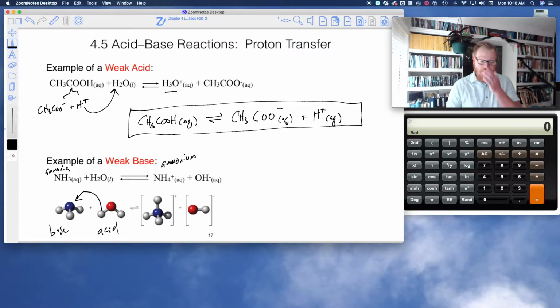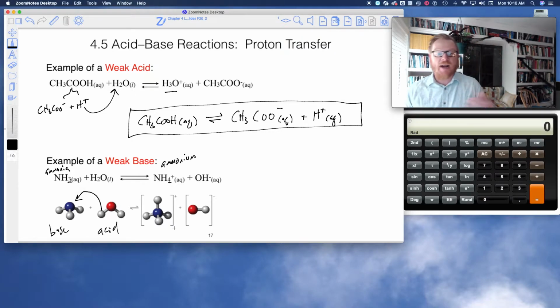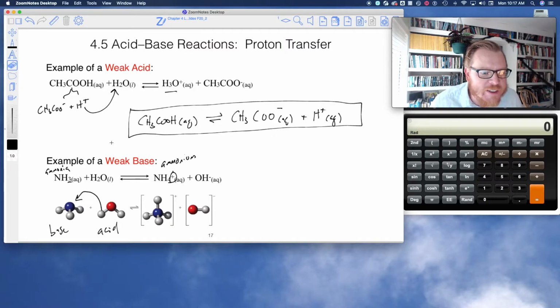So if I add a proton, not only am I changing the number of hydrogens from 3 to 4, but I'm also adding that positive charge. So you're adding an atom and you're adding a charge. And then what happened to water? Well, if water is neutral, H2O, and I remove a positive charge from it, it has to become negative. And so it makes hydroxide.